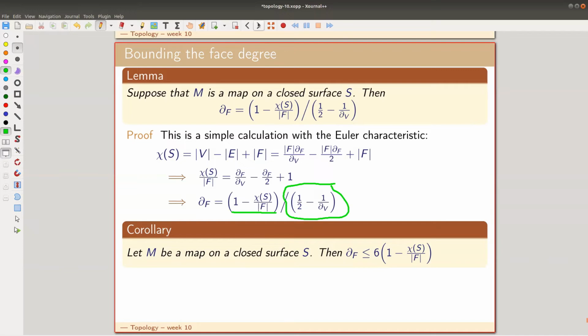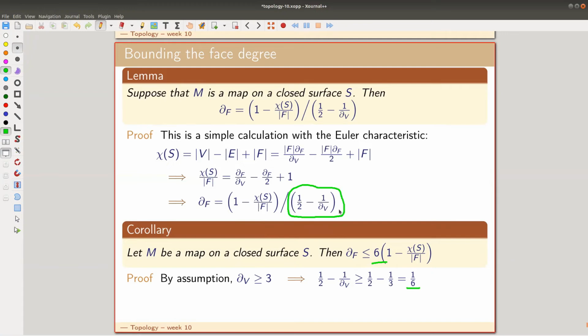So can we see that? Well, by assumption, we have this equality, and if this one is bigger than 3, then the smallest one that's possible here is, of course, 4/3. So it's 1 over 6, and this is where the 6 comes from. So this is at least 1 over 6.